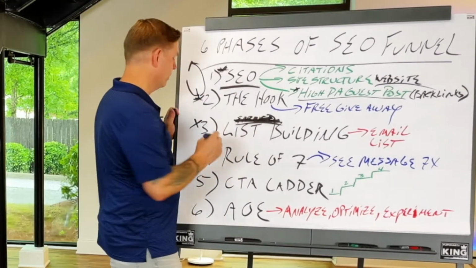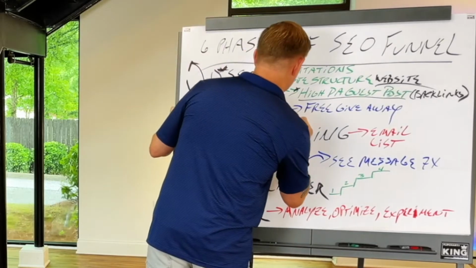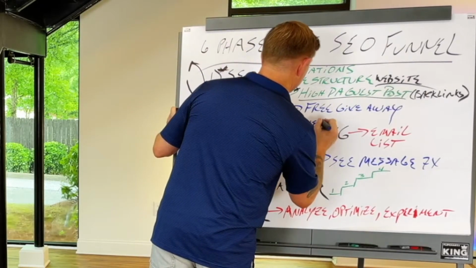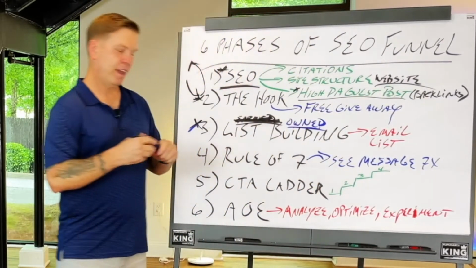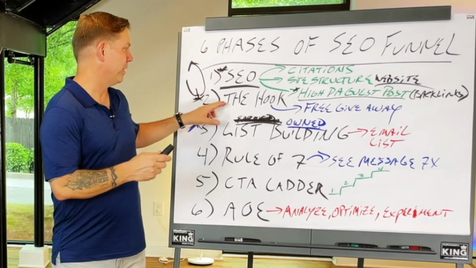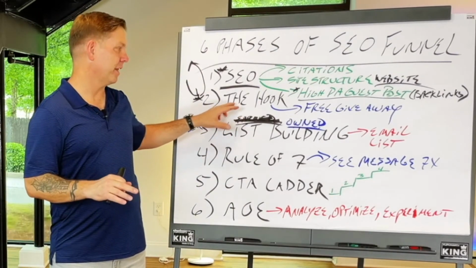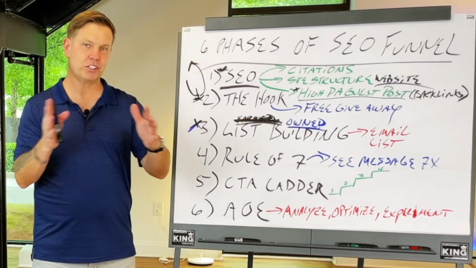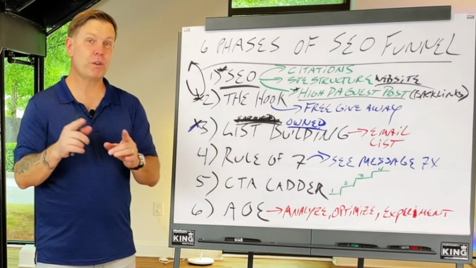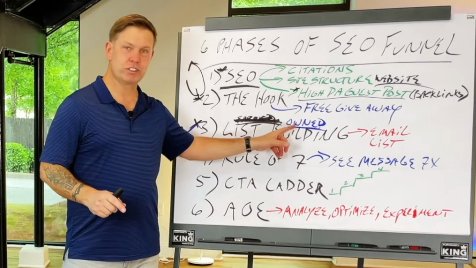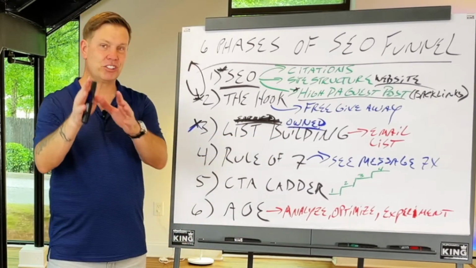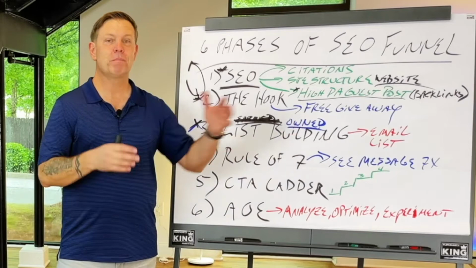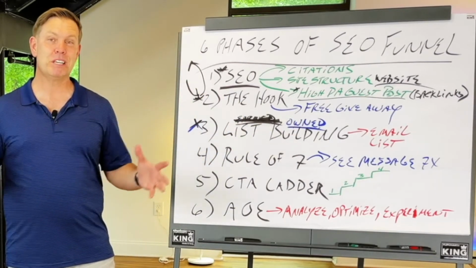When you're building your list, this is what's called owned traffic. When more people hit your site and enter their email and get your free giveaway, your list is growing with what is now owned traffic by your business. You now own this traffic because you have these people's emails.